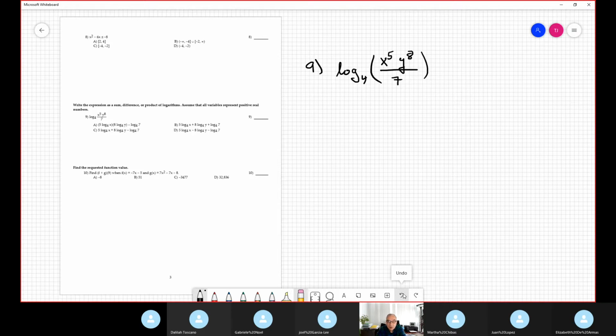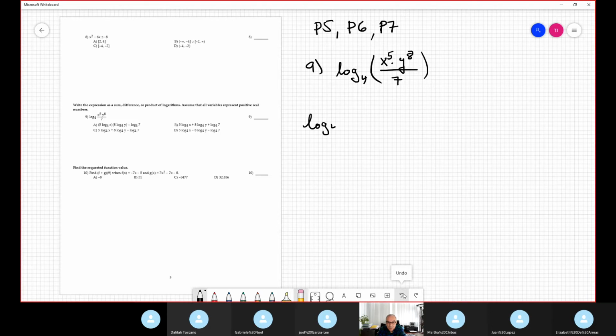So you remember properties number 5, 6, and 7, which say that, for example, when you have multiplication like that here, it is addition, no? And when it's division like that here at the bottom, it is subtraction. And when there's a power, 5 and 8, you put it like a factor in the front. So we separate into 3 logarithms.